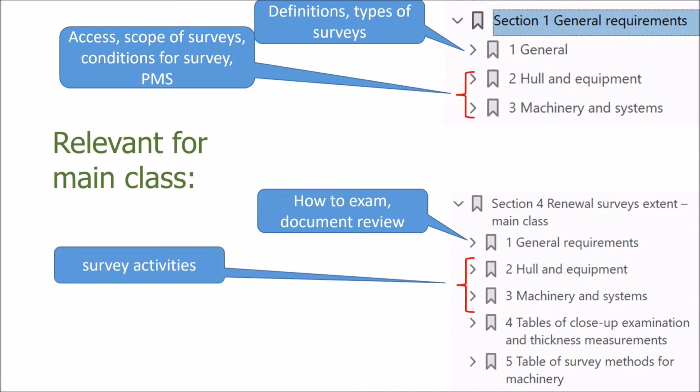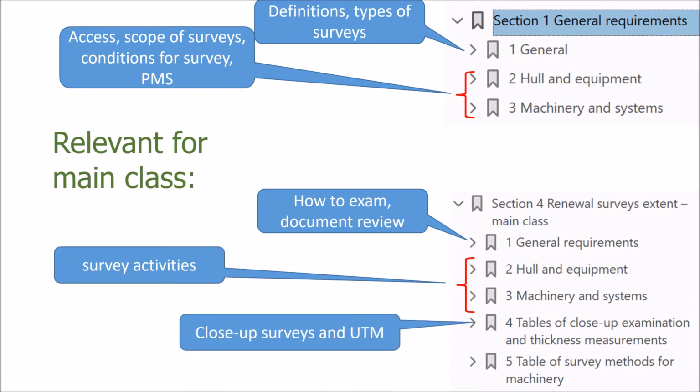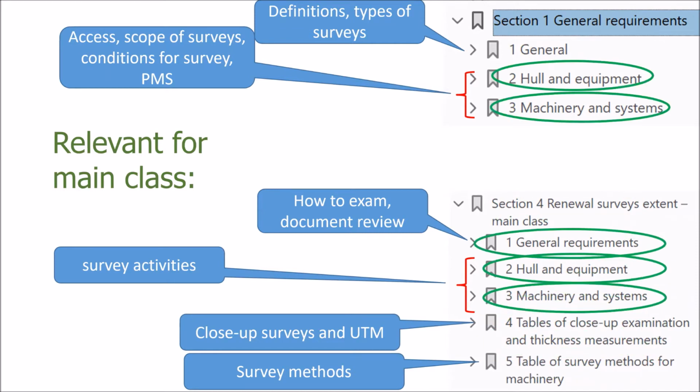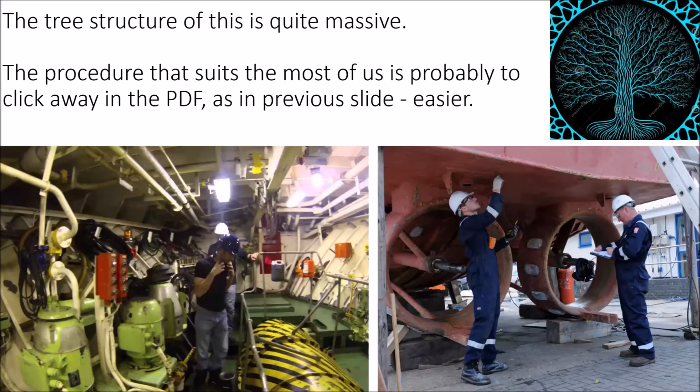And the survey activities: hull, equipment, machinery and systems. And the close-up surveys and UTM, the thickness measurement, as referred to in the previous slide. And survey methods, PMS or continuous survey. If I described this tree structure like a Christmas tree, it would be very complicated.